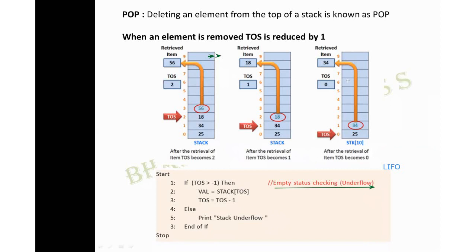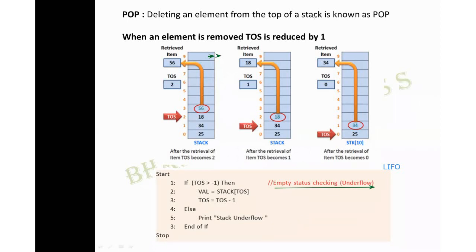If it is greater than -1, which means you are checking whether the stack is empty, it means there are some elements. So in that situation, value is equal to stack of top.